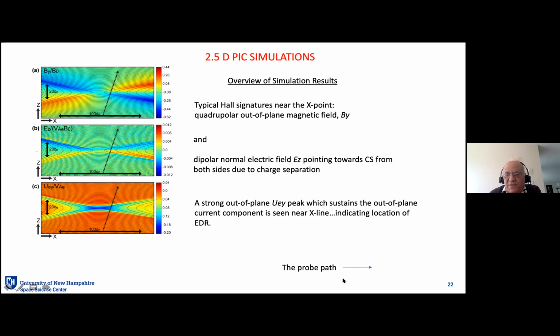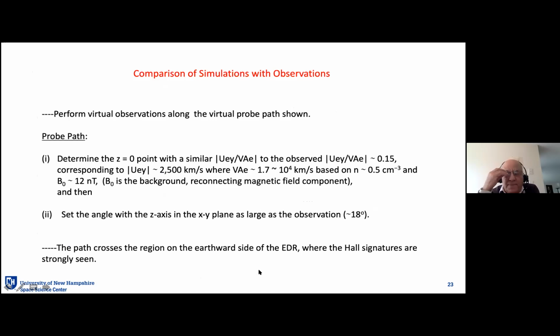How did we obtain the probe path? First of all, we find its distance from the X line, if you will, by matching the out of plane velocity in the simulations to the observed out of plane velocity. And then we set the angle with the Z-axis as large as the observations.